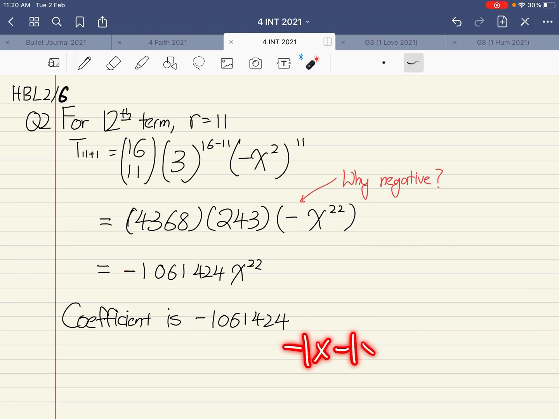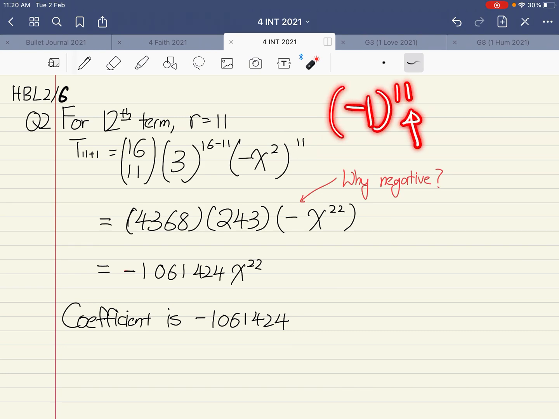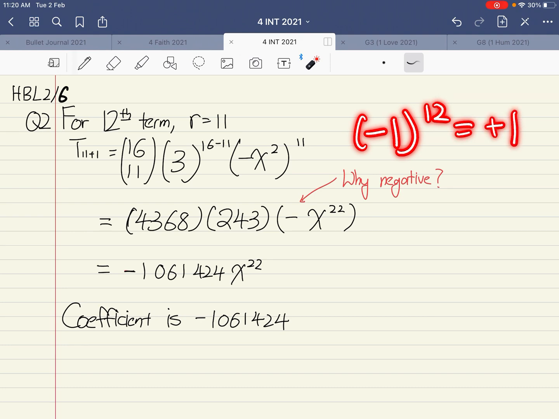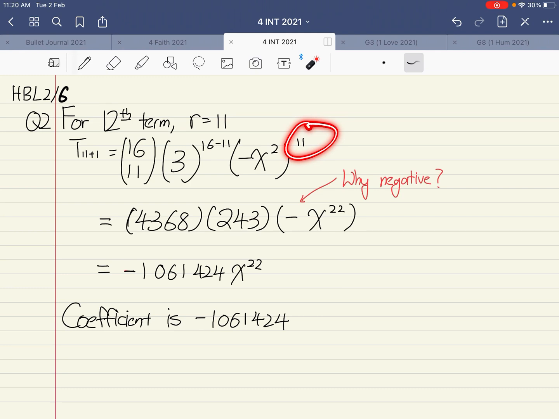Negative 1 to the power of 4 will give me positive 1. So whether this coefficient is positive or negative depends on this index down here. Negative 1 to the power of 11, because my index is odd, I will get a negative number. If I had negative 1 to the power of 12, then I'd get positive 1. So it all depends on this index here. So negative 1 to the power of 11 will give me negative.